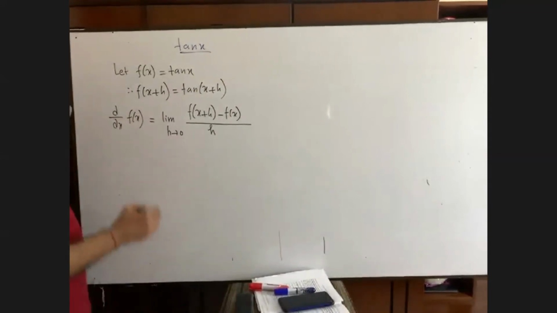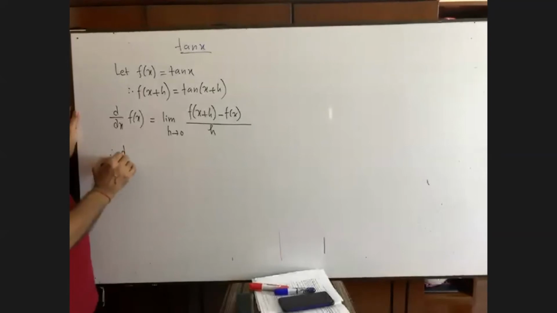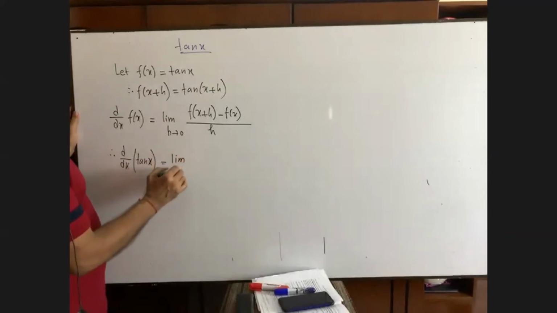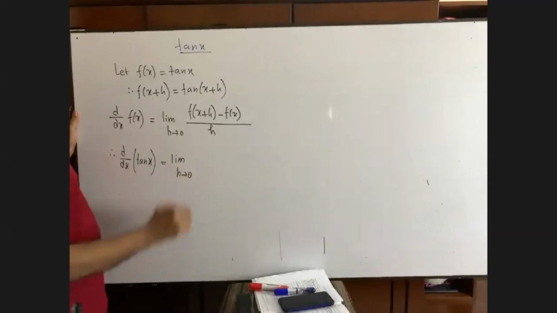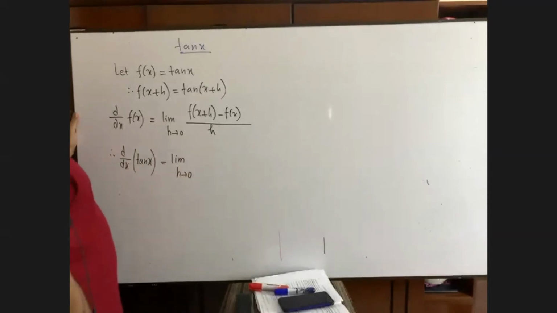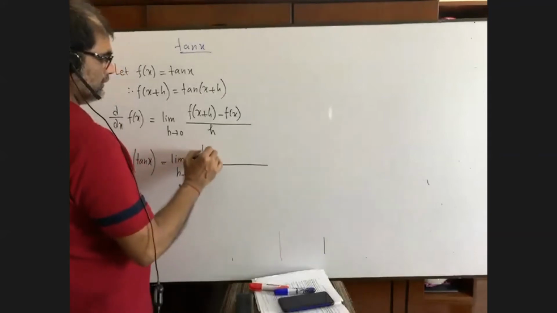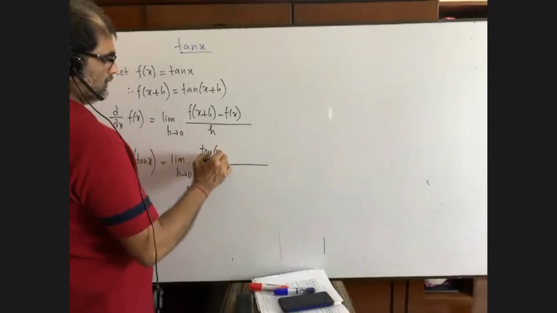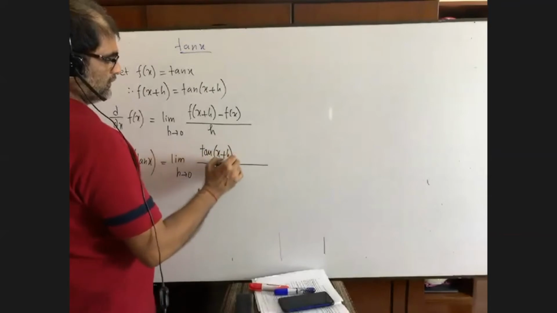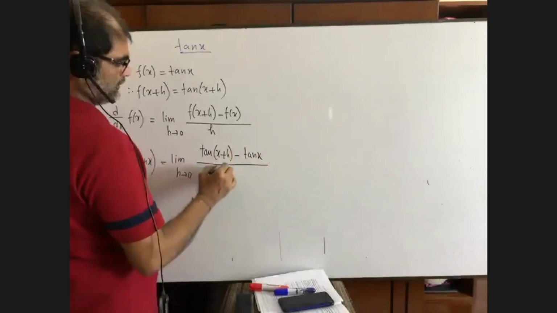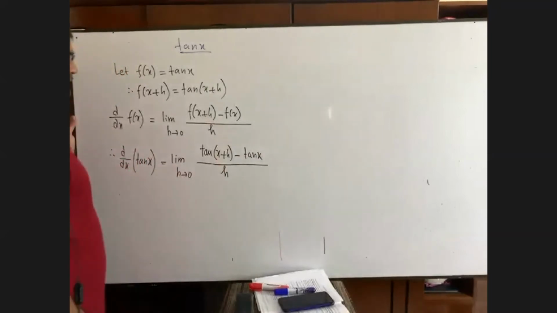Therefore, d by dx tan x is equal to limit h tends to be 0, tan of x plus h minus tan x by h.